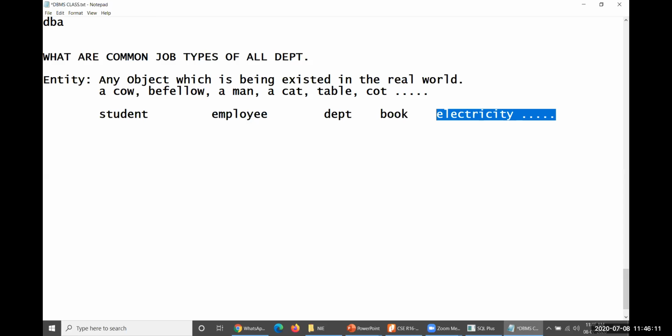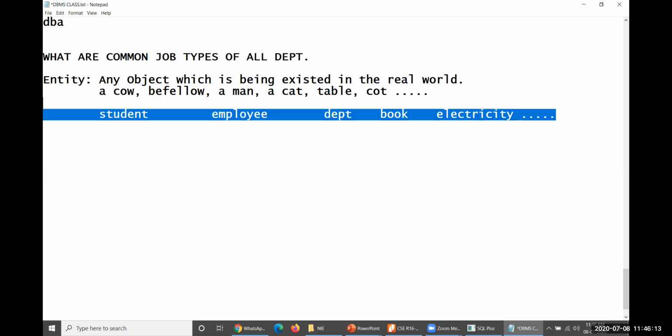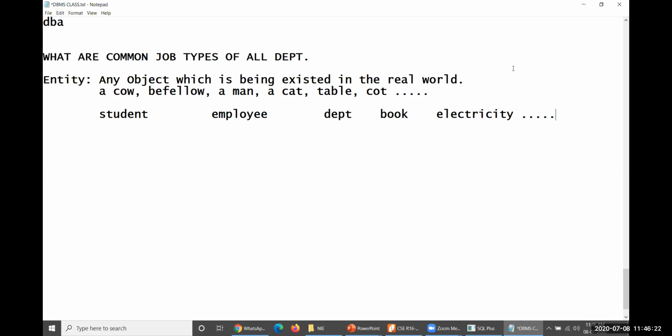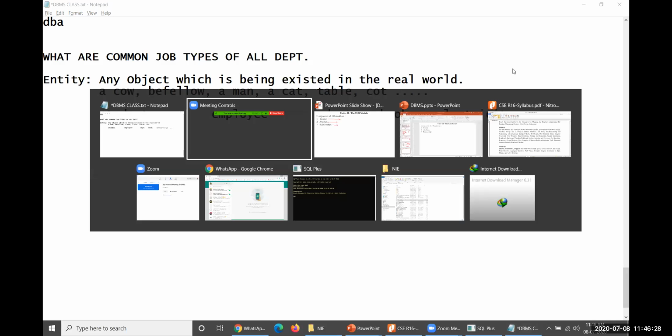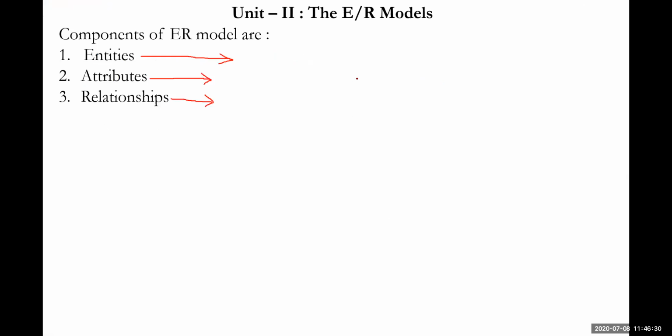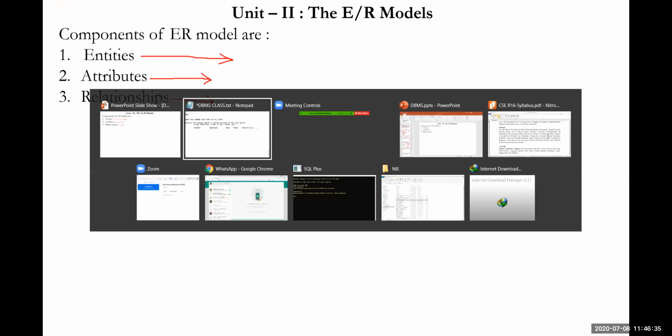These entities must always be framed with several attributes. Then how are these entities represented in an ER diagram? In an ER diagram, entities will be represented like this. There are three different types of entities available here.